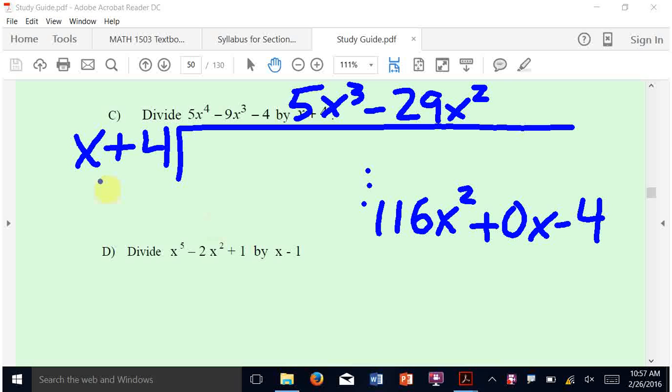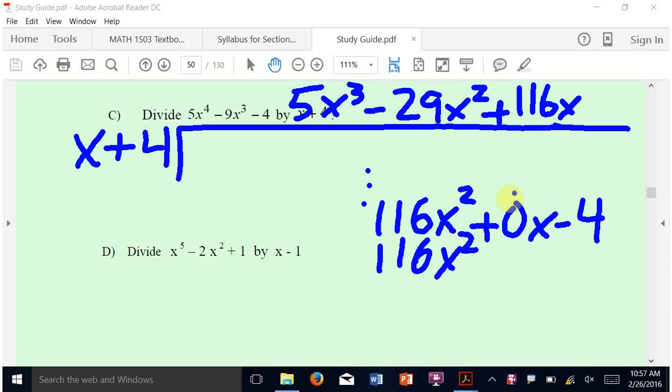Okay, so let's start over on our three-step process. 116x squared divided by x would give you 116x, and then multiply: 116x times x gives you 116x squared. 116x times 4 would give you 464x.